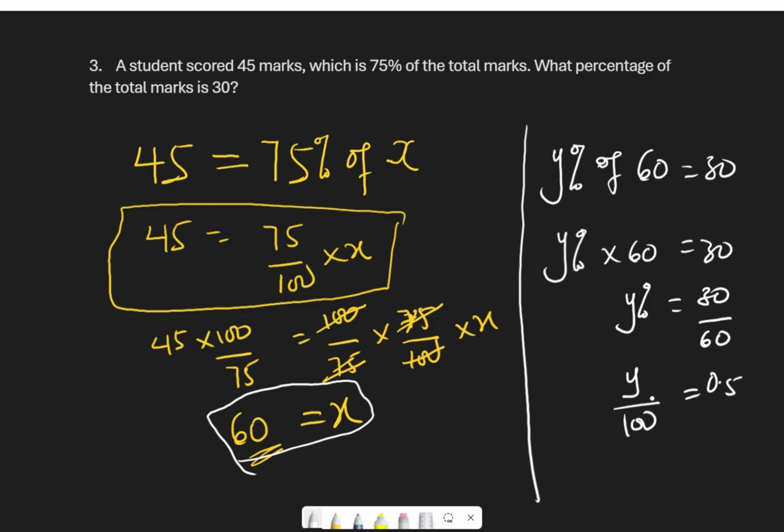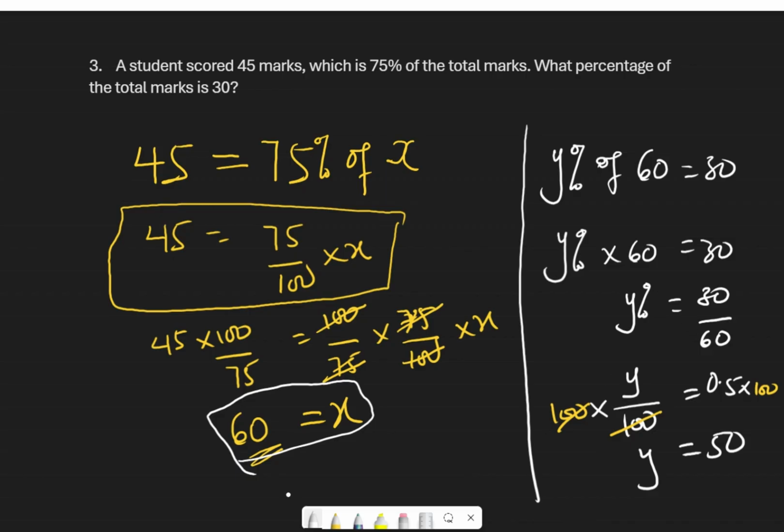Since I'm looking for y, I can multiply both sides by 100, which is the denominator of y here. So this cancels this. I now have y equals 0.5 times 100. When you use your calculator, you get 50.